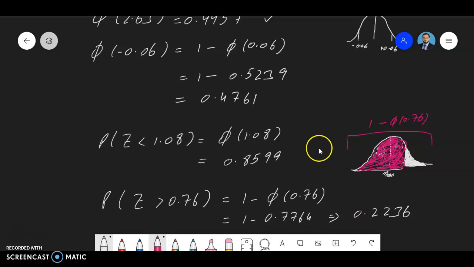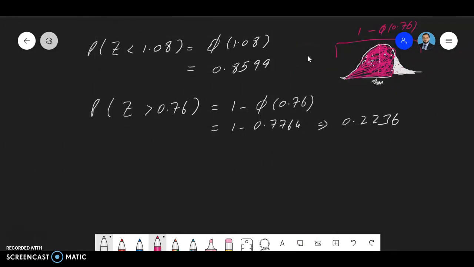Okay, let's have one more example for this. Now the probability of, let's say, z is less than negative 0.72. Again you can see it has a negative value over here. So if it is negative, we again subtract it from 1 minus 0.72.